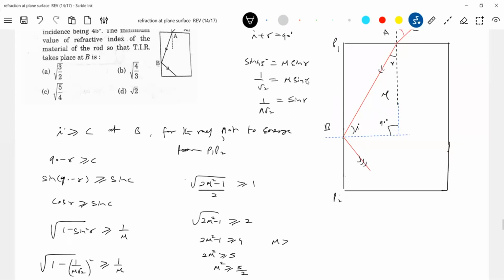Okay, mu root 2, 2 mu square. Yeah, there should be root 2.